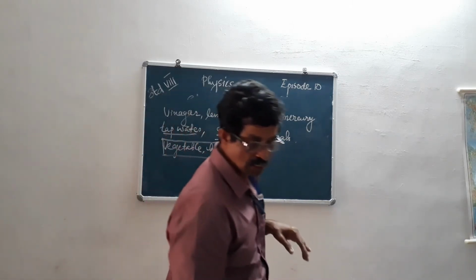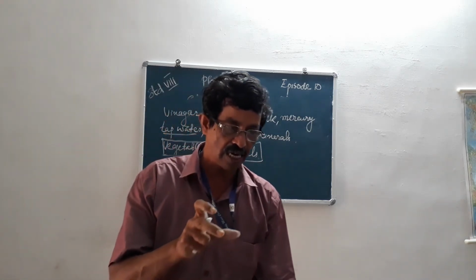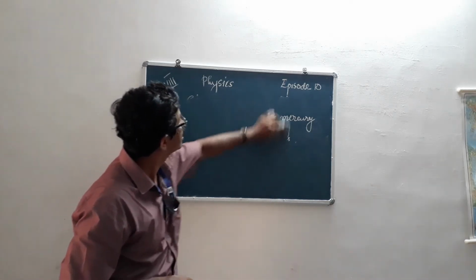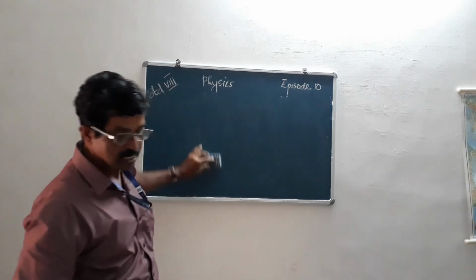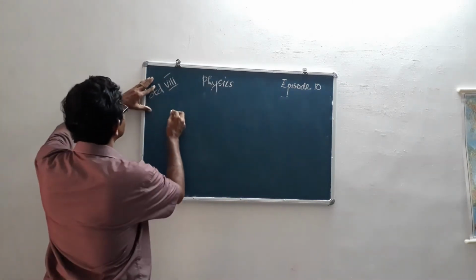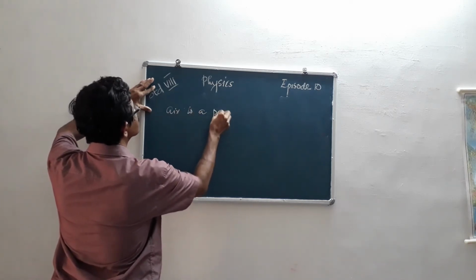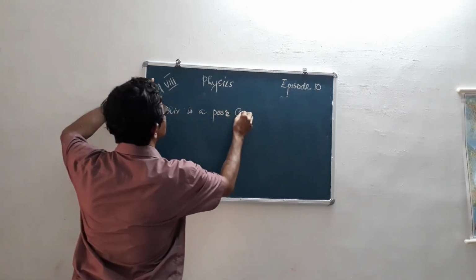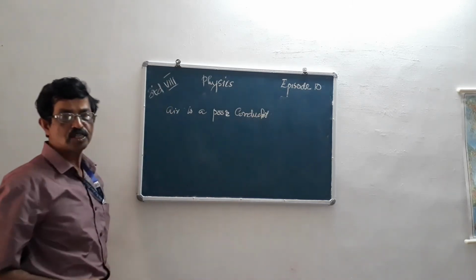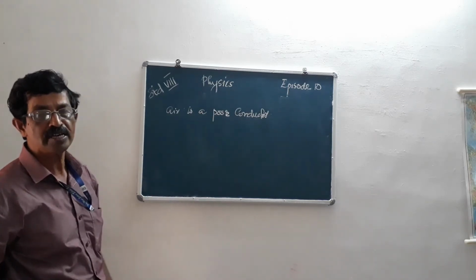Now, when we keep the free ends of the tester separate, there is an air gap. There is air in between the terminals. We know that air is a poor conductor of electricity.